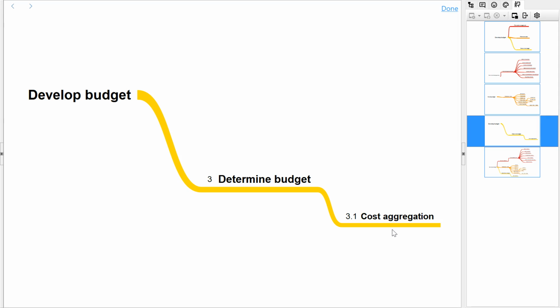And this bifurcation is arrived at by aggregating the costs of individual tasks based on their start dates and end dates. And we arrive at a budget. Once the budget is finalized, that is baselined, that means for any changes to the budget, we should follow a change management procedure.